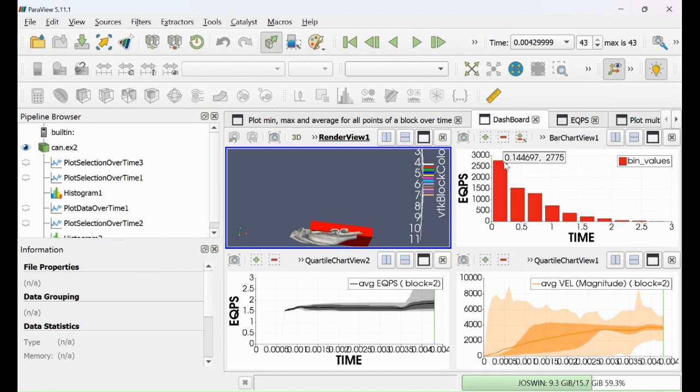So the first regions were deformed much higher as compared to the lowest regions.